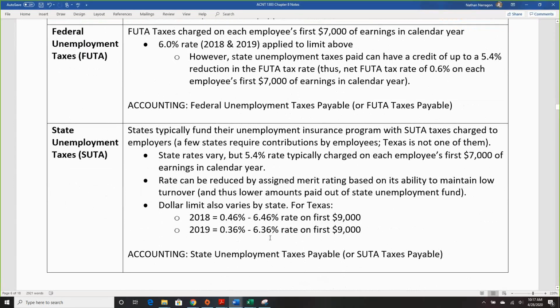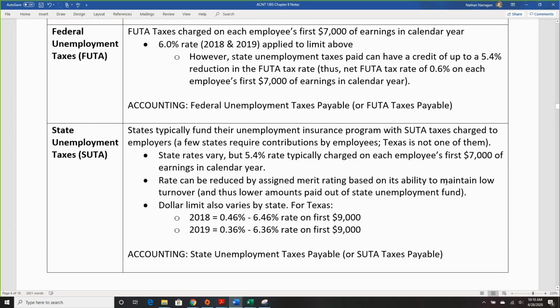So, with SUTA, instead of paying the federal government, we pay the state government. Usually the 5.4% is typical in most states. Again, they're going to follow that $7,000 rule. But Texas does not follow that trend.